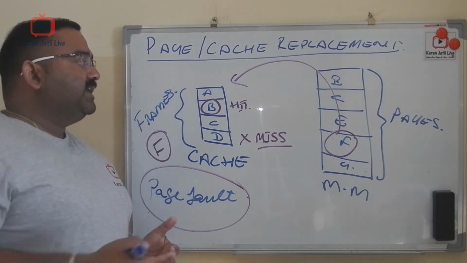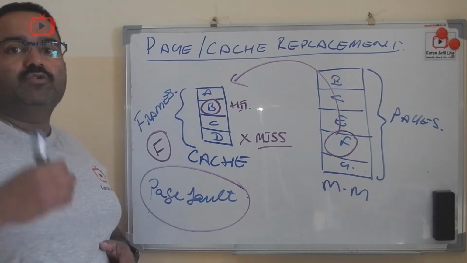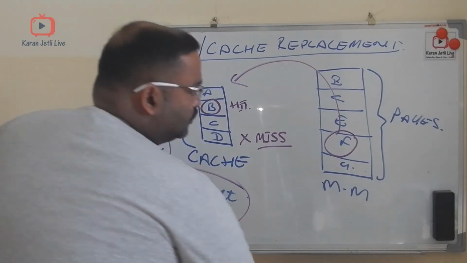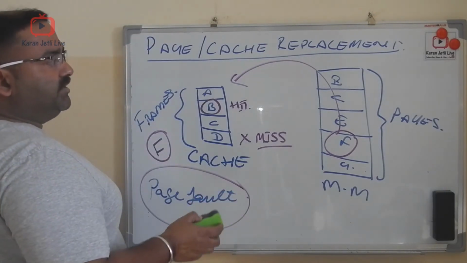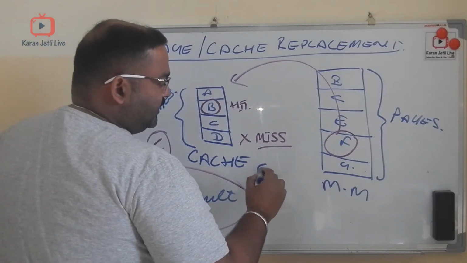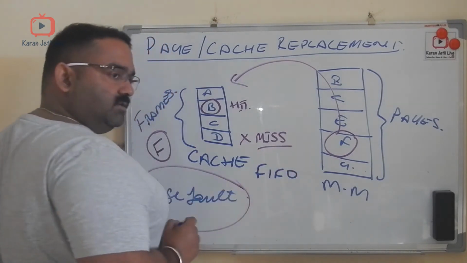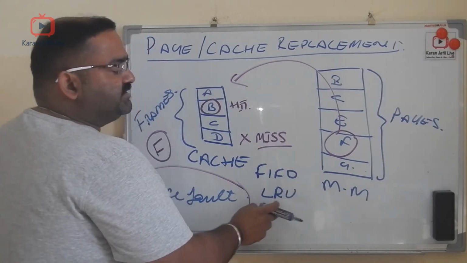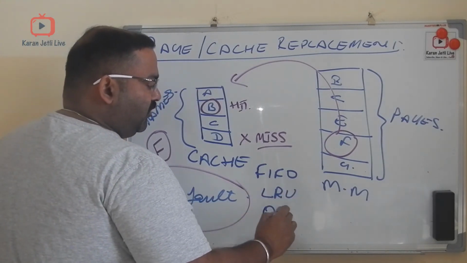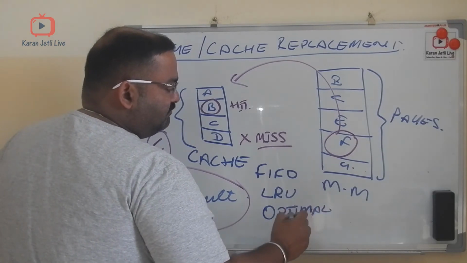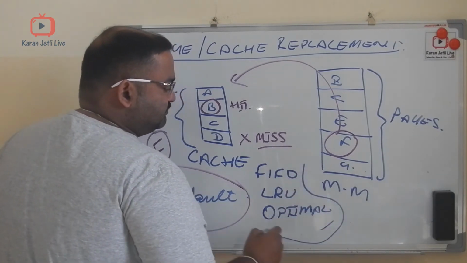To select the page which we should replace, there are three approaches. I'll write it here: FIFO, first in first out, LRU, least recently used, and optimal page replacement.